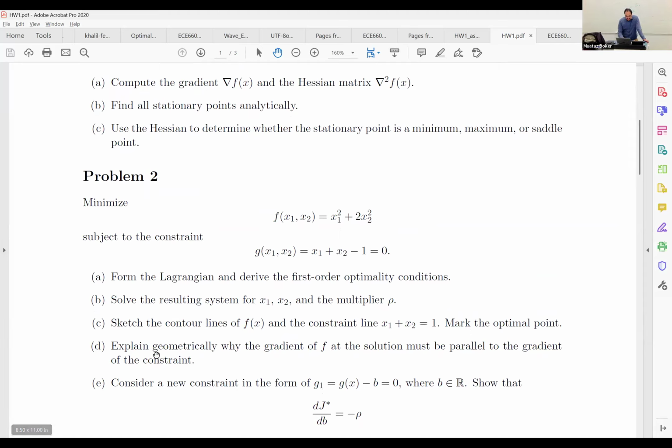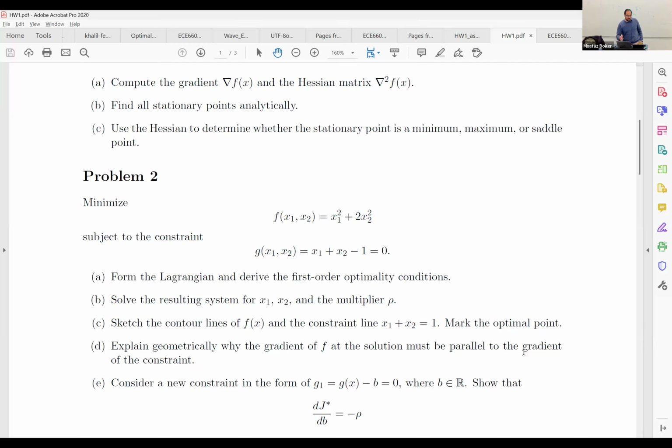And D says: explain geometrically why the gradient of F at the solution must be parallel to the gradient of the constraint. So geometrically means analytically, loosely speaking, right? Using equations, show that the gradient of F is parallel to the gradient of the constraint.